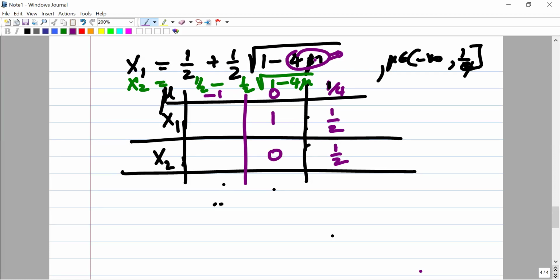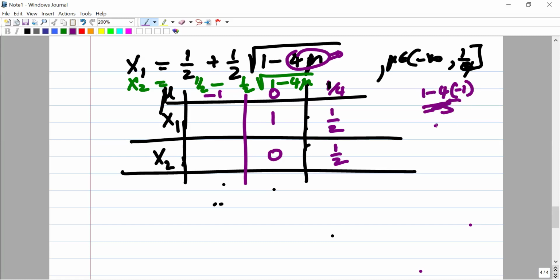If mu is -1, then you have the square root of 1 minus 4 times -1, that is 5.